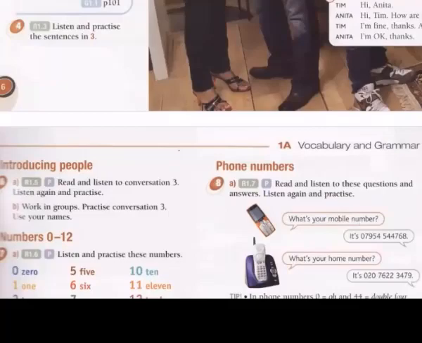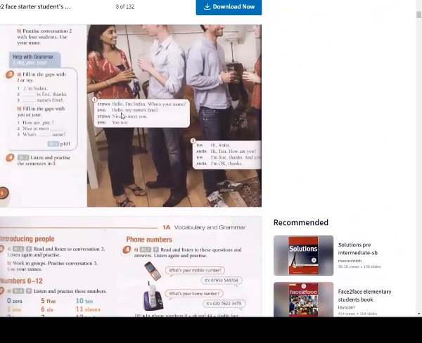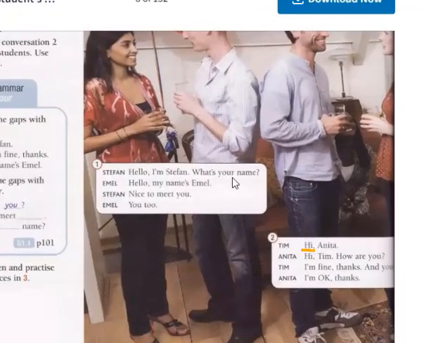Okay? Okay, so the last point I'd like to talk about in this lesson is how to start and end a dialogue. In order to know this, have a look at these two dialogues. How these started. Stephen started his dialogue by saying, hello. While here in this dialogue, Tim starts with hi.